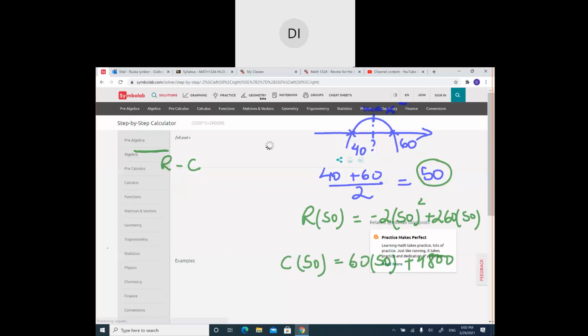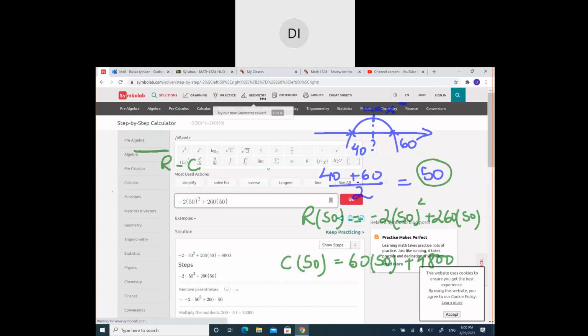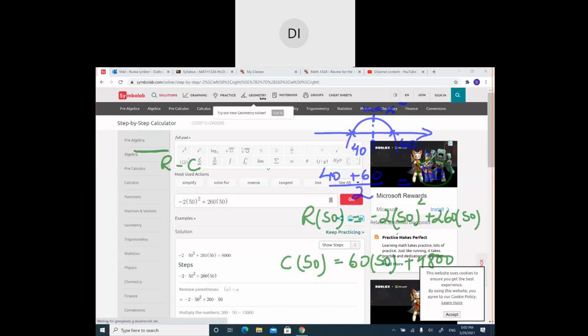And so the revenue we get is 8,000. I'm going to write it here. 8,000. And then we're going to do the cost when I replace it.